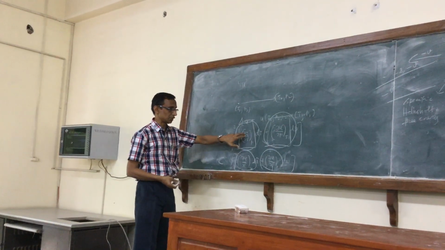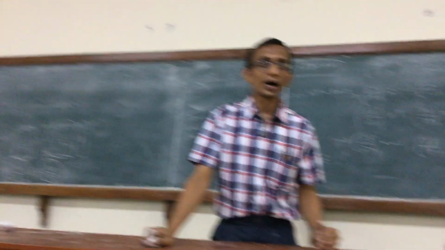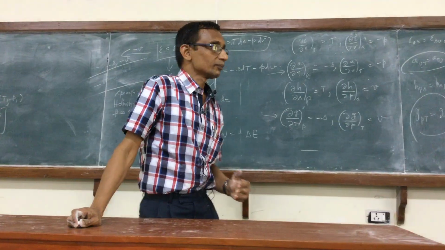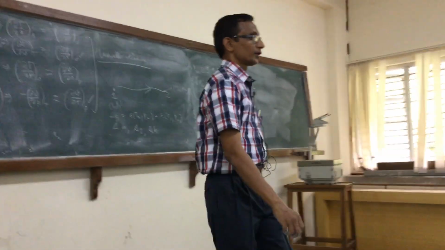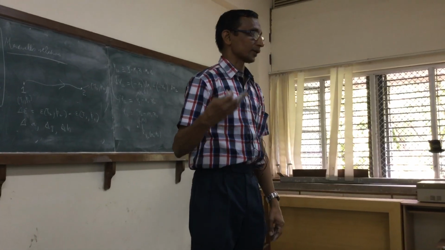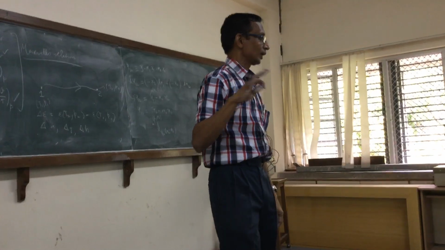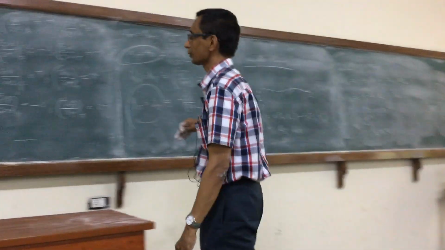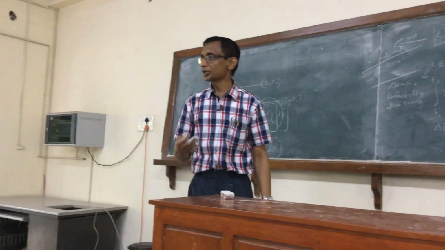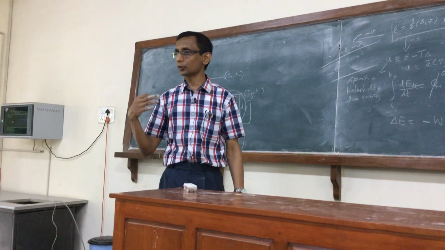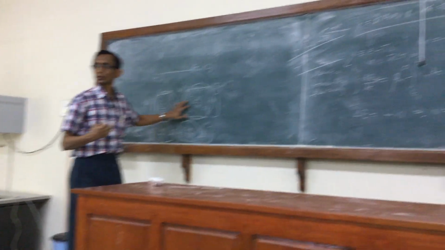Similarly, if I replace it by G, then in this integration I know what the derivatives are. However, E and H, for instance, have natural variables in the fundamental equation that are not V and T or T and P, but S and V and S and P. So we want the derivatives of those functions with respect to only T, P and V, because that is what we practically need.